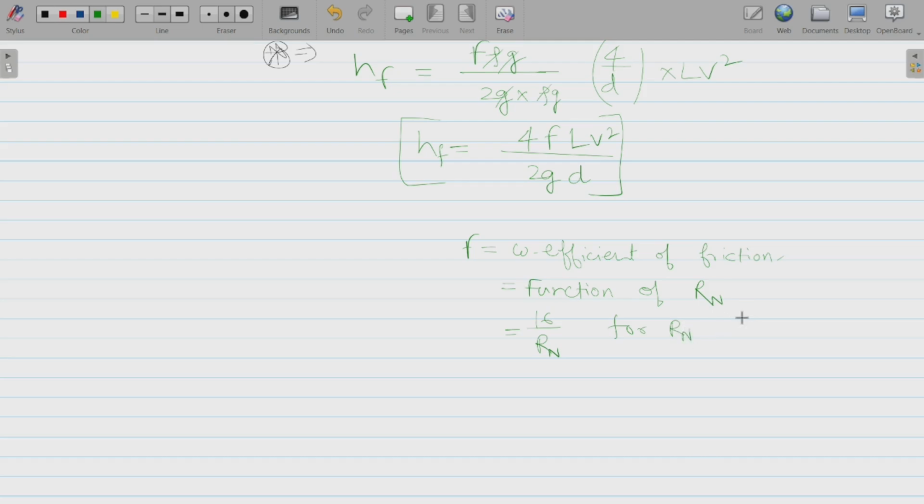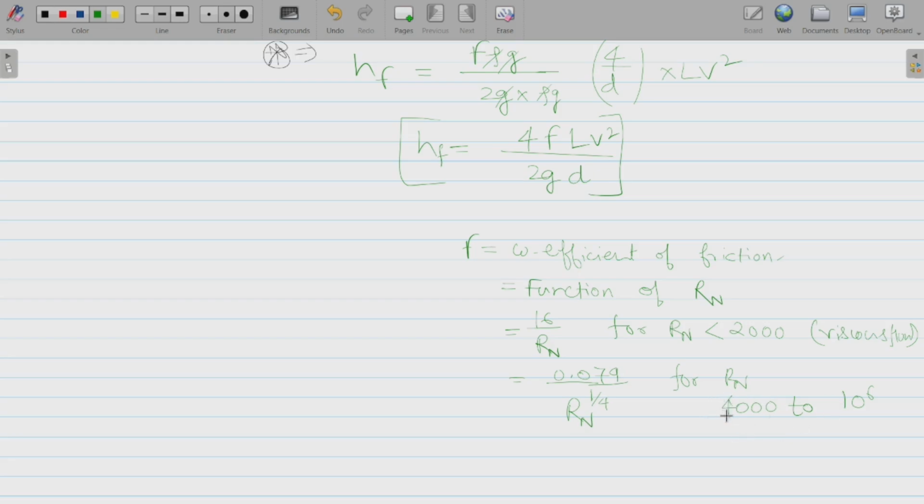when Reynolds number is less than 2000, because of the viscous flow. Okay, and this will also be equal to 0.079 divided by Reynolds number raised to the power 1 over 4 for the range of Reynolds number between 4000 to 10 raised to the power 6.